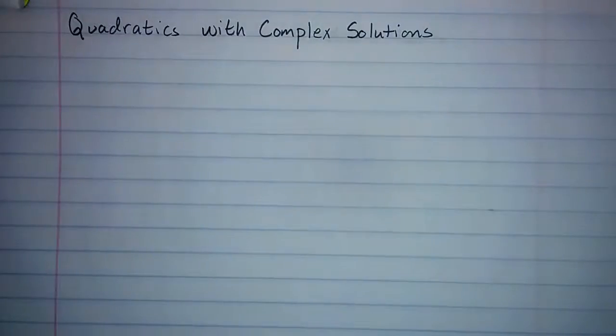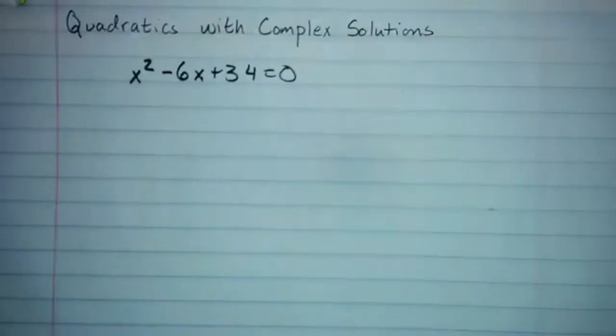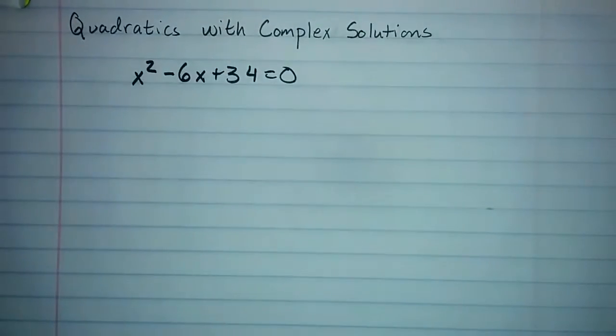Now, one of the first places that we see complex numbers turn up is as the solutions to quadratic equations. So, for example, suppose we sat down to solve the quadratic equation x squared minus 6x plus 34 equals 0.